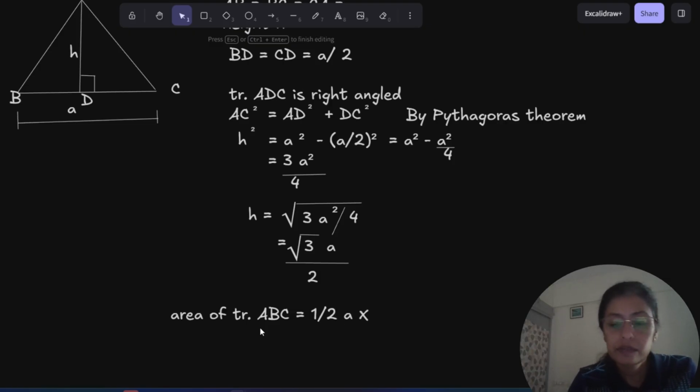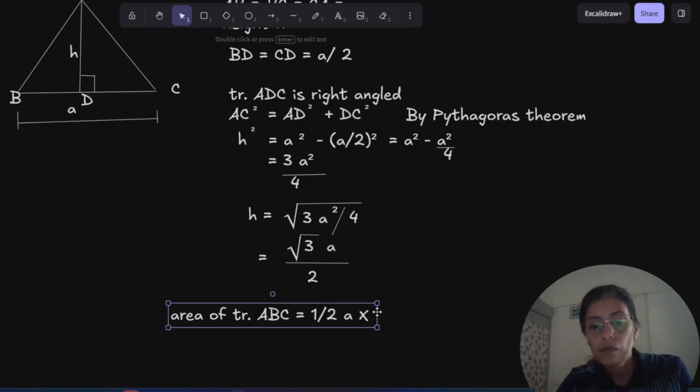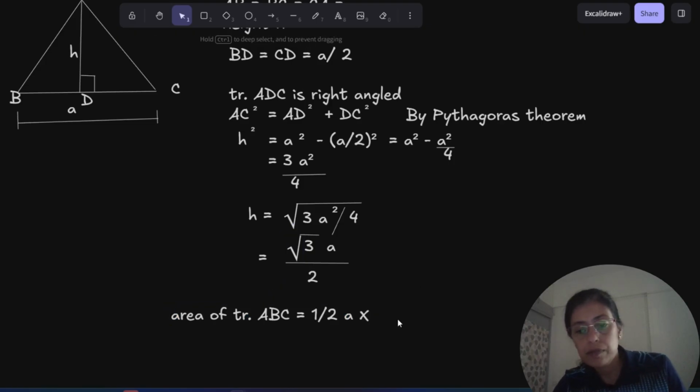Base is A into height, which is under root of 3 into A upon 2.